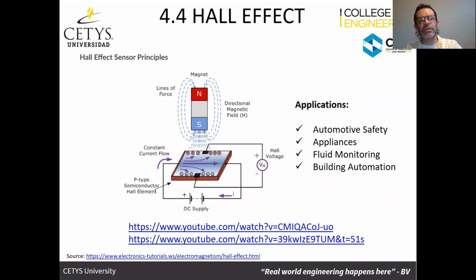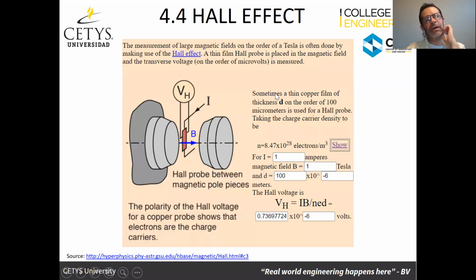So basically, how does the Hall effect sensor work? We have, again, a plaque, and this plaque is going to have a power supply connected to it that's going to generate a flow of electricity. And then we're going to have a magnet. And so remember this, in the Hall effect formula, this is what generates the Hall voltage.